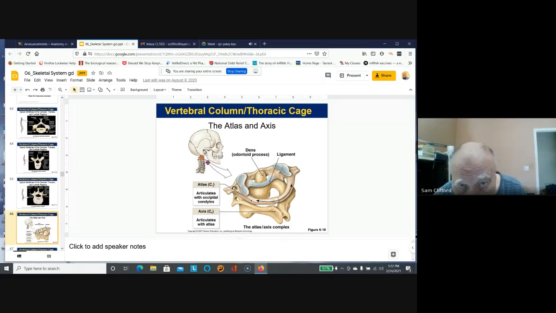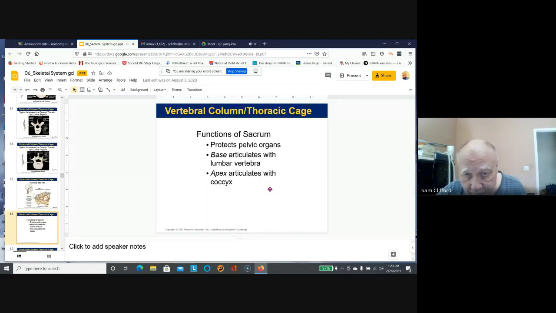The occipital condyles of the skull articulate and sit on this atlas, and that allows flexibility and movement of your neck and of your skull in the various directions that your skull can move.